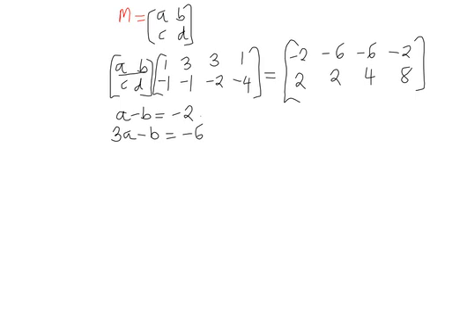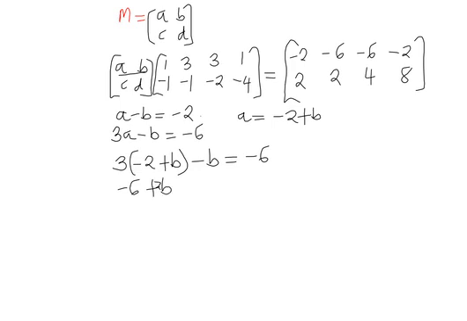So from equation 1, we can make A the subject of the formula, and we'll have A is equal to negative 2 plus B. Then substitute the value of A in equation 2. We have 3 into negative 2 plus B, minus B is equal to negative 6. So open the brackets. We have 3 multiplied by negative 2, which is negative 6, plus B multiplied by 3, which is 3B, minus B is equal to negative 6.